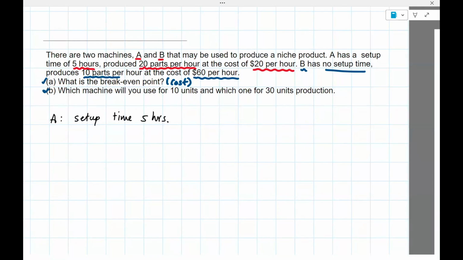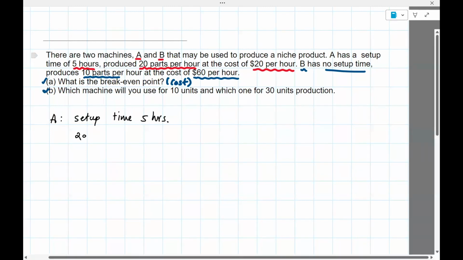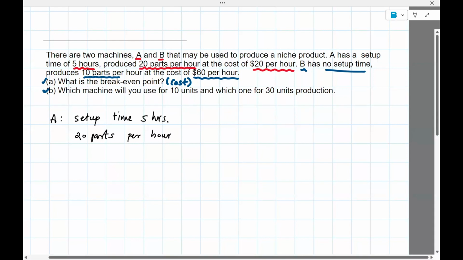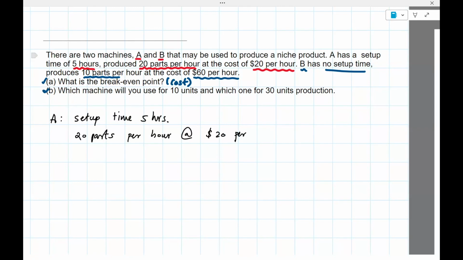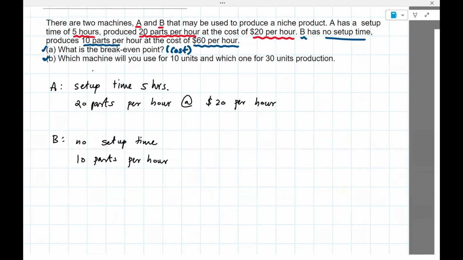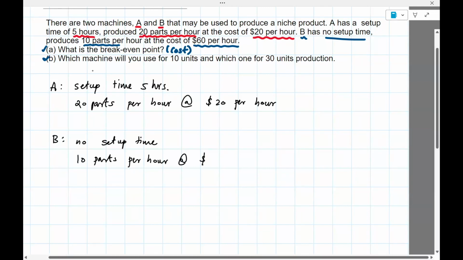We know that it produces 20 parts per hour at $20 per hour. And then B, no setup time, and it produces 10 parts per hour at $60 per hour.